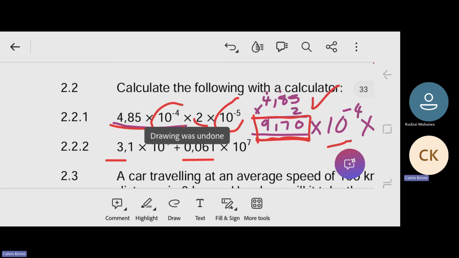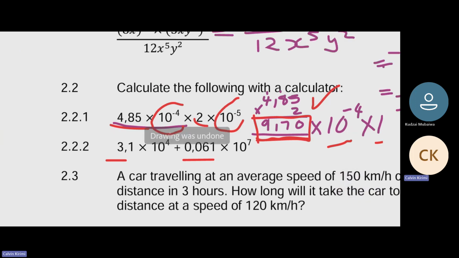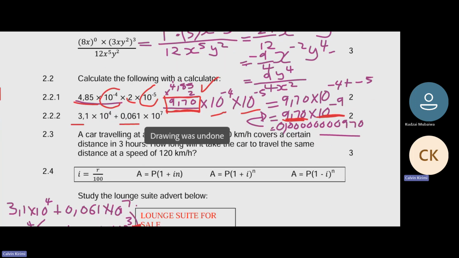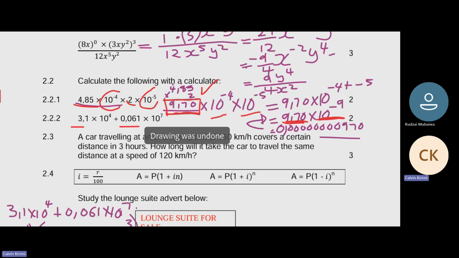This was the first example that we did. When we were doing this first example for standard form, when we multiplied the numbers, there was no plus. For 2.21, there is no plus. But for 2.2, there is plus.